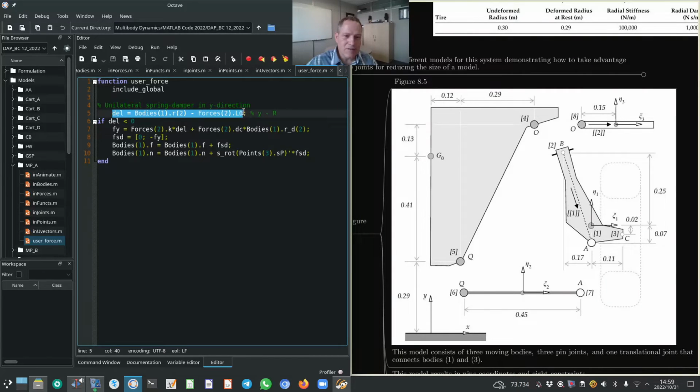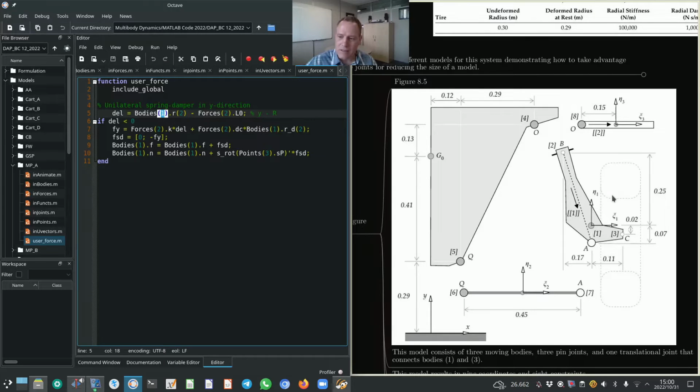The first line of code, Prof. Nikravesh calculates delta, or del, the abbreviation for delta, as the y position of body 1, y being the second component of the position represented by the parameter r.